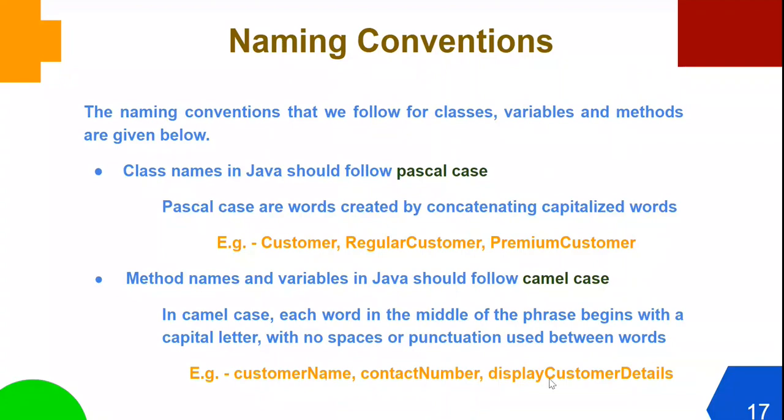For example, displayCustomerDetails. As display is the starting word, we keep the first letter small, and for every following word the starting letter is capital, like Customer with capital C and Details with capital D. This convention is called camel case.